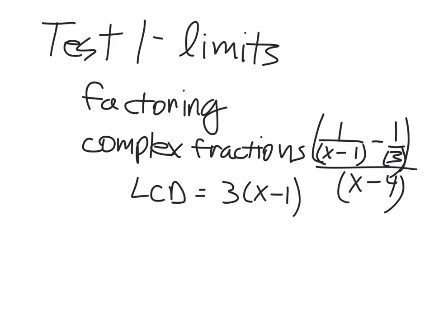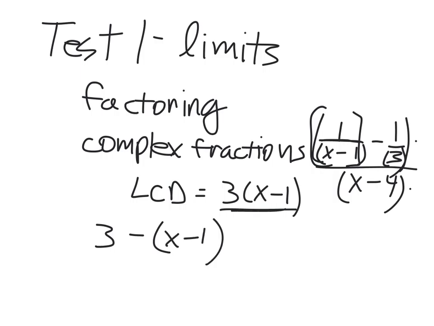And as we multiply that top and bottom, 3 times the quantity x minus 1 times the fraction 1 over x minus 1 would leave us with just 3 for this spot. And then minus 1/3 times this, the 3's would cancel, and we'd have that. And that would be what's left in the numerator.